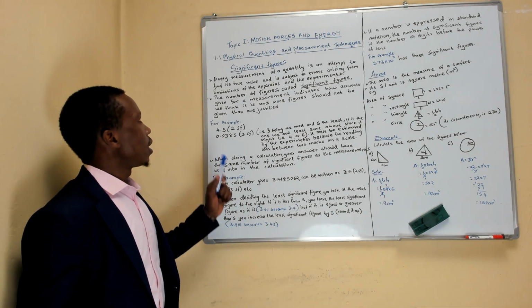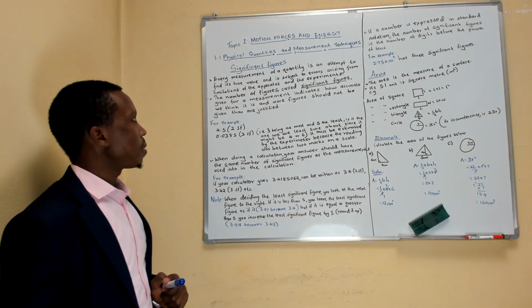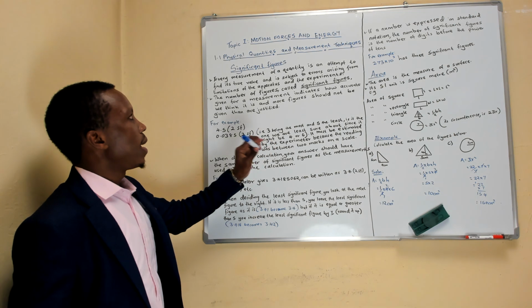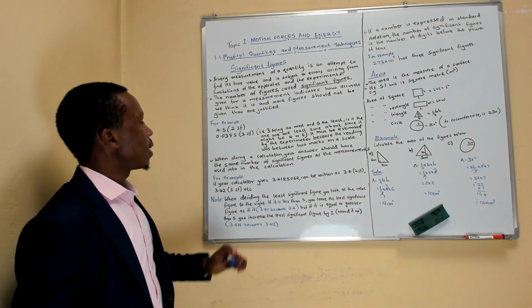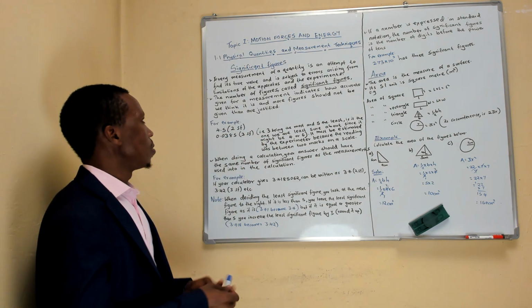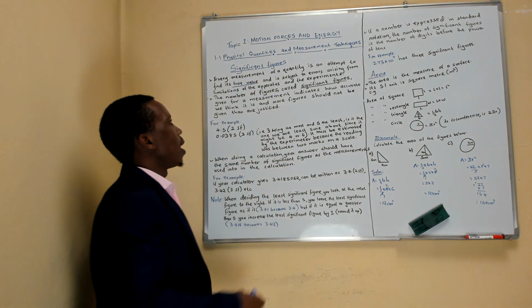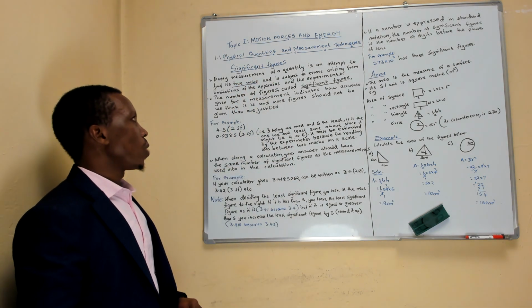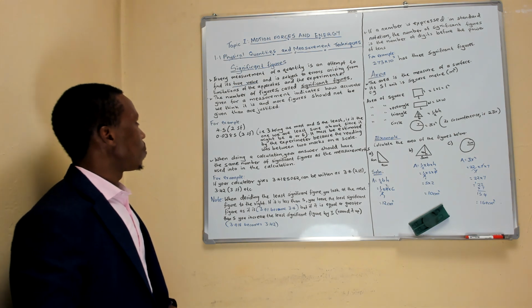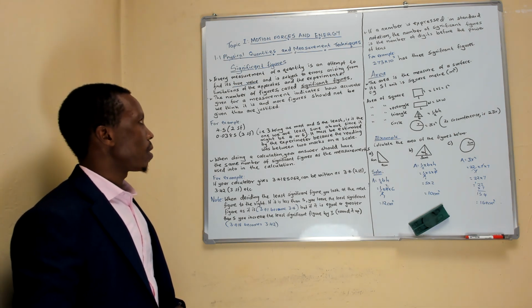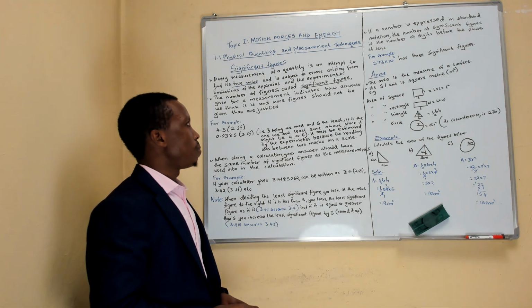Now, every measurement of a quantity is an attempt to find its true value and is subject to errors arising from limitations of the apparatus and the experiment.